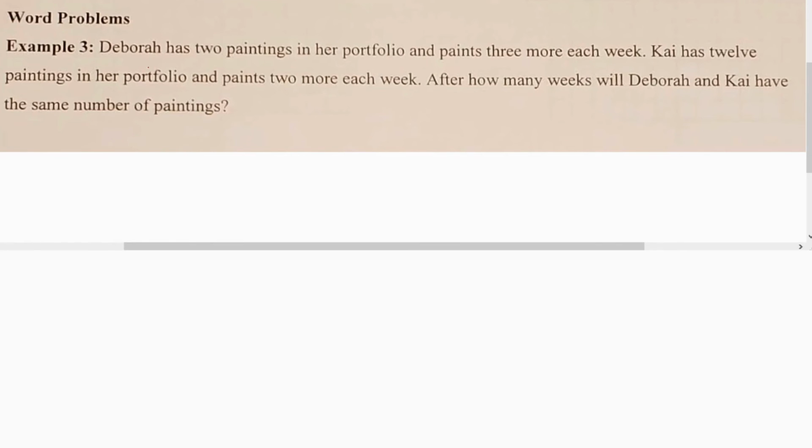We have 2 girls who are painting pictures each week. So the number of paintings that they have will be our variable y. And our variable x will be the number of weeks. So to write our equation for Deborah, we have that y equals, and she starts with 2 paintings, and she paints 3 more each week.